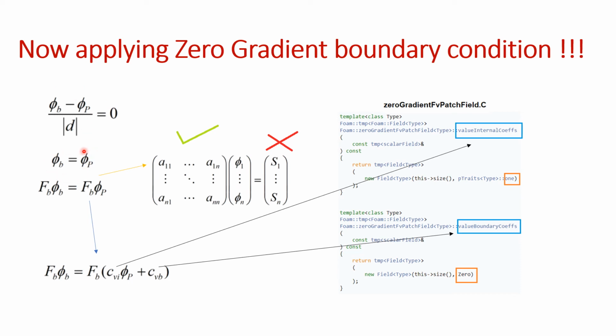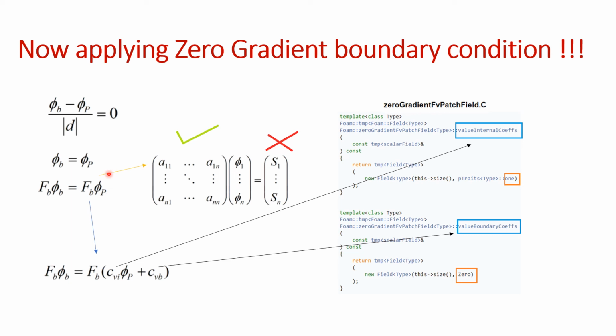That means both the variables are the same. But in the previous slide we saw, we want to know what is Fb phi b. Because phi b is equal to phi p, we can write Fb phi b is equal to Fb phi p. So one thing to note here, phi p, which is still unknown, is taken as the boundary value. Directly we consider it for the boundary after discretization, but phi p is still unknown.